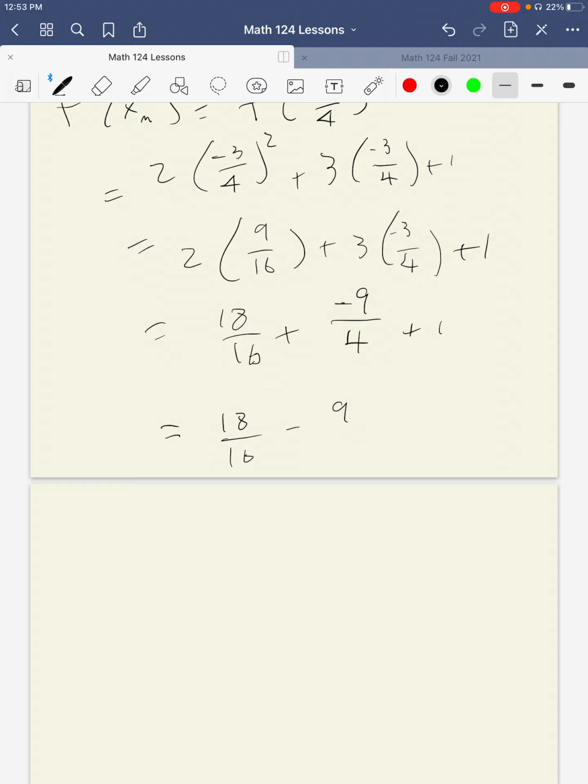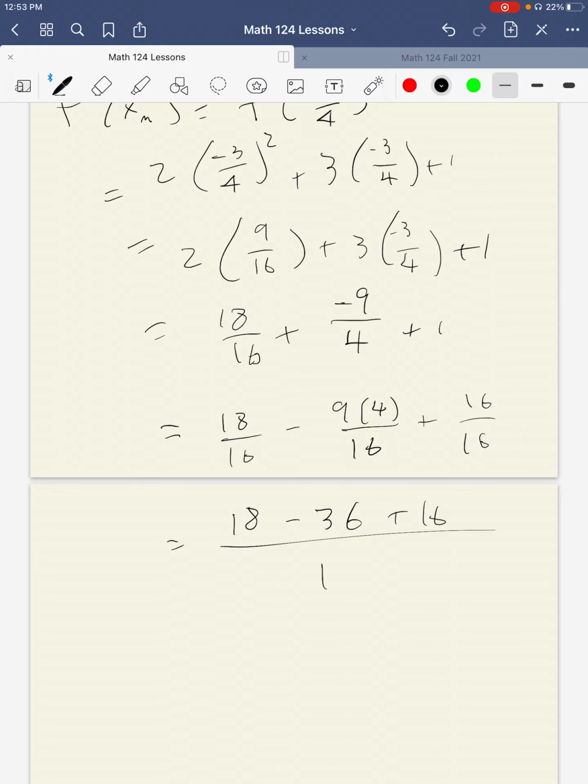But instead of a 4, how about we multiply a 4 to the top and bottom, so we have a 16 on the bottom now. And instead of 1, let us write 16 over 16, which is 1. Okay, so now it's 18 minus 9 times 4, 36, plus 16, all over 16.